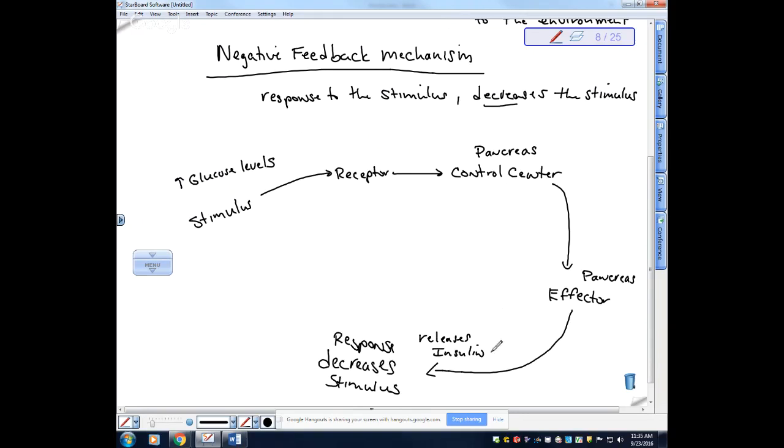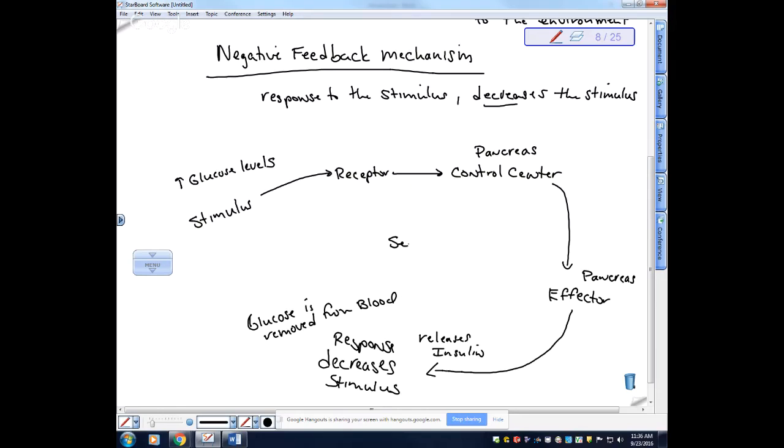And what insulin does is it causes the liver and other tissues to take glucose out of the blood. So glucose is removed from blood in responding to insulin. Okay, and what that does is that gets me back to a normal set point.